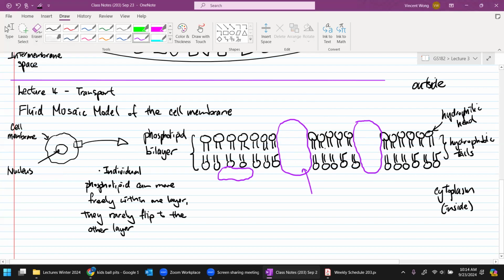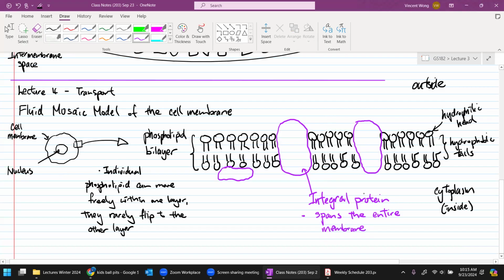Proteins that go all the way through, we call them integral proteins. It spans the entire membrane.